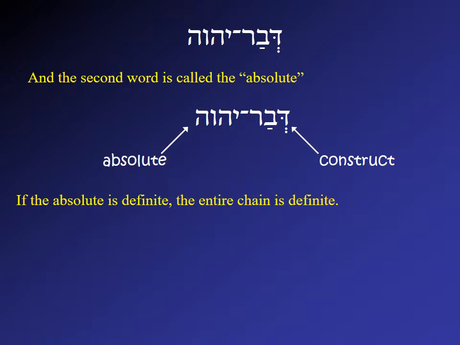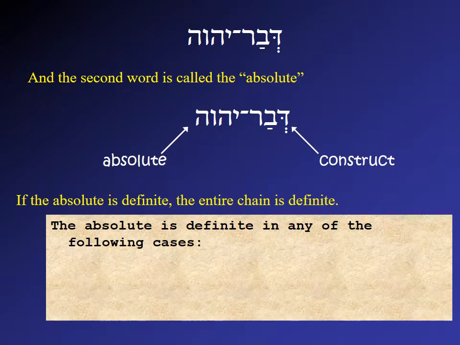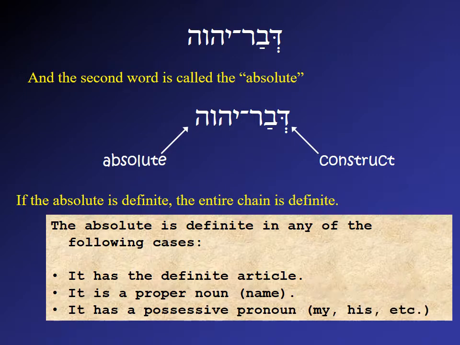So our rule is this: if the absolute is definite, the entire chain is definite. The absolute can be definite in a couple of different ways. The simplest is that it has a definite article, so the house. Second is that it's a proper noun, a name or a place. Or third, that it has a possessive pronoun. So my house is definite because we know which house we're talking about, not just any old house, but my house.